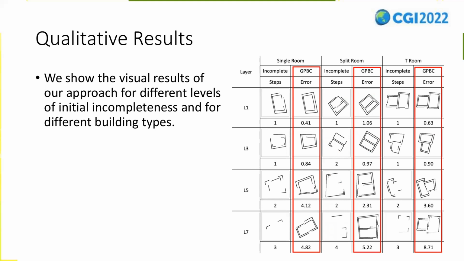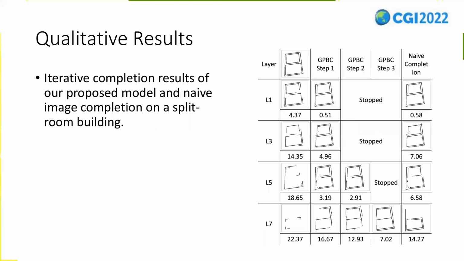We also show the visual results of our approach for different levels: level 1, level 3, level 5, and level 7. And also, we show the results for different building shapes. Additionally, in order to demonstrate the progress of completion, we show the footprint completion behavior in incompleteness layer 1, layer 3, layer 5, and layer 7.